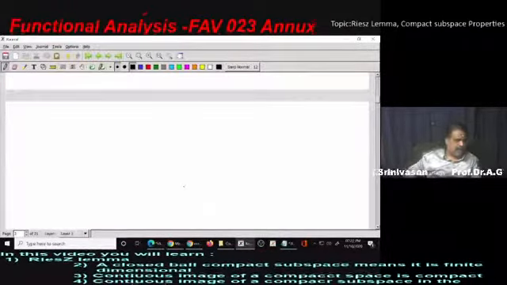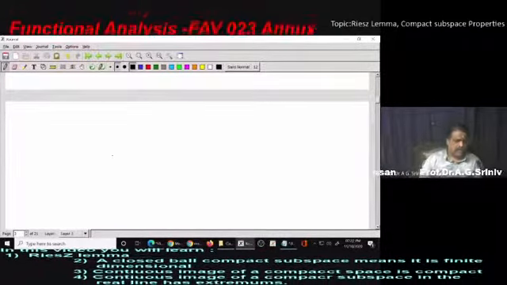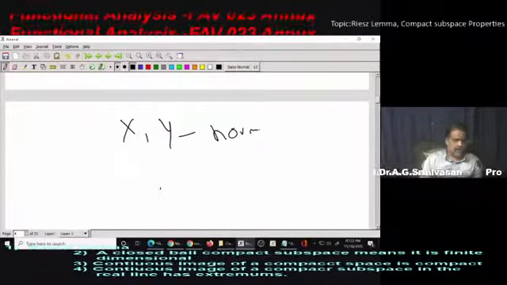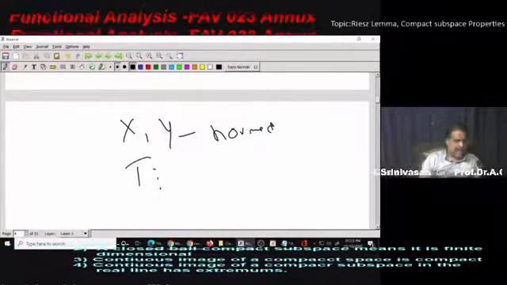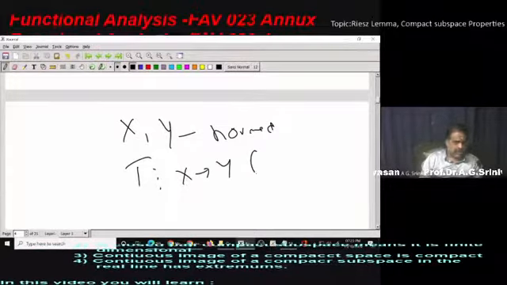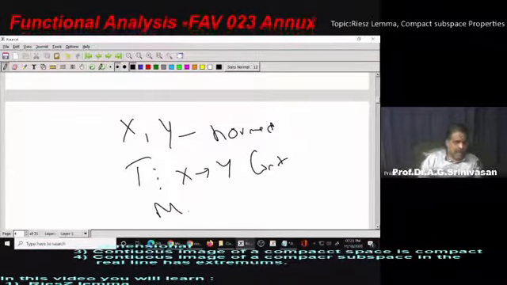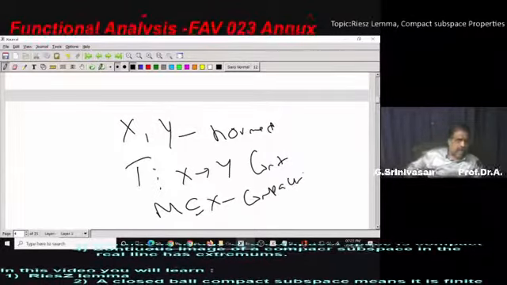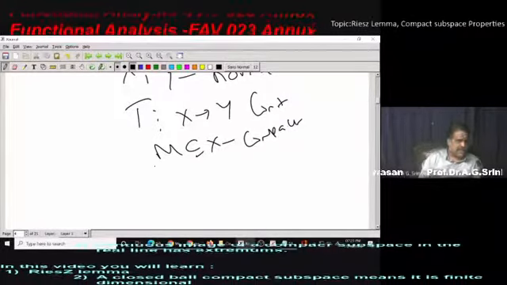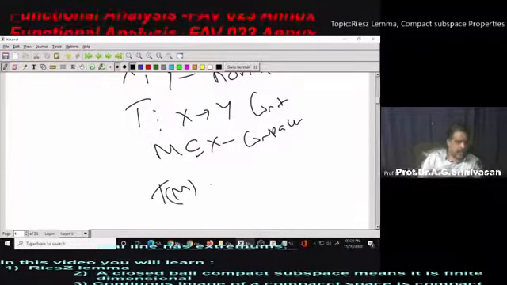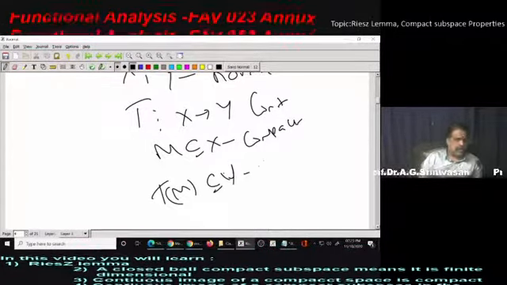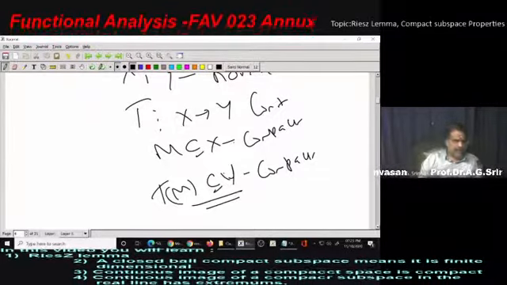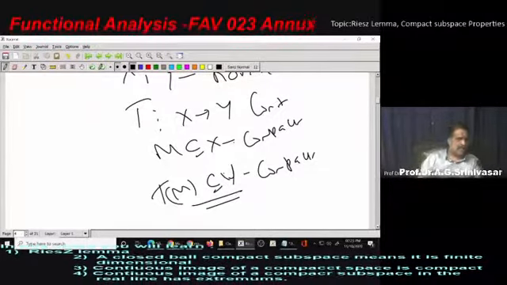So let me write it here: X and Y are normed spaces, T is a mapping from X to Y which is continuous, M a subset of X which is compact. If T is continuous, the image T(M), which is a part of Y, is also going to be compact.